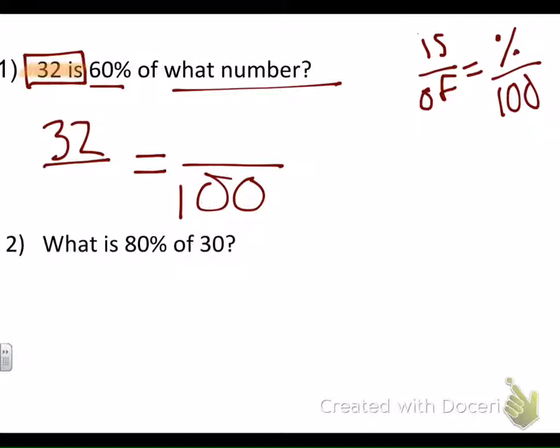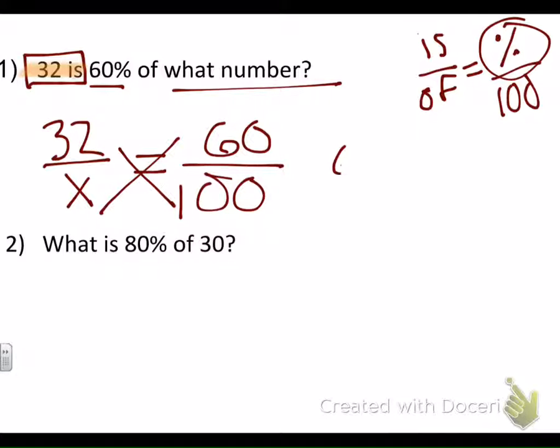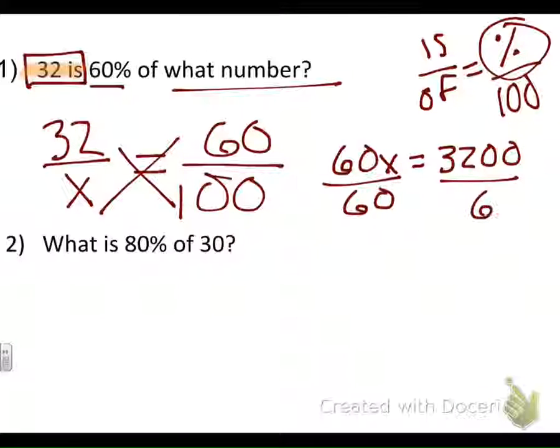We're given this percent, which is 60. So we're looking for x. We are going to cross multiply. So 60x is equal to 3200. Divide by 60. X is equal to 53.3.